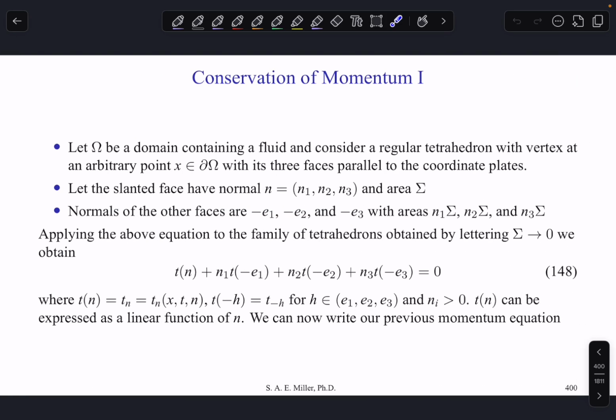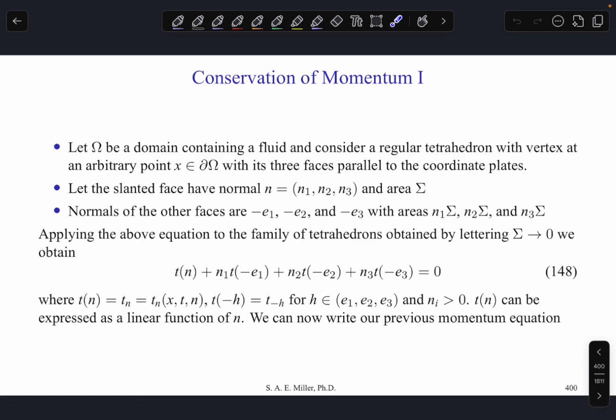Omega is a domain which contains the fluid, remember, and a rectangular tetrahedron with a vertex at an arbitrary point x on partial omega, the surface, will have three faces parallel to the coordinate planes. So you can imagine a little tetrahedron with three of the faces in the planes of x, y, z, and the fourth face connecting the three points that are not at the origin.